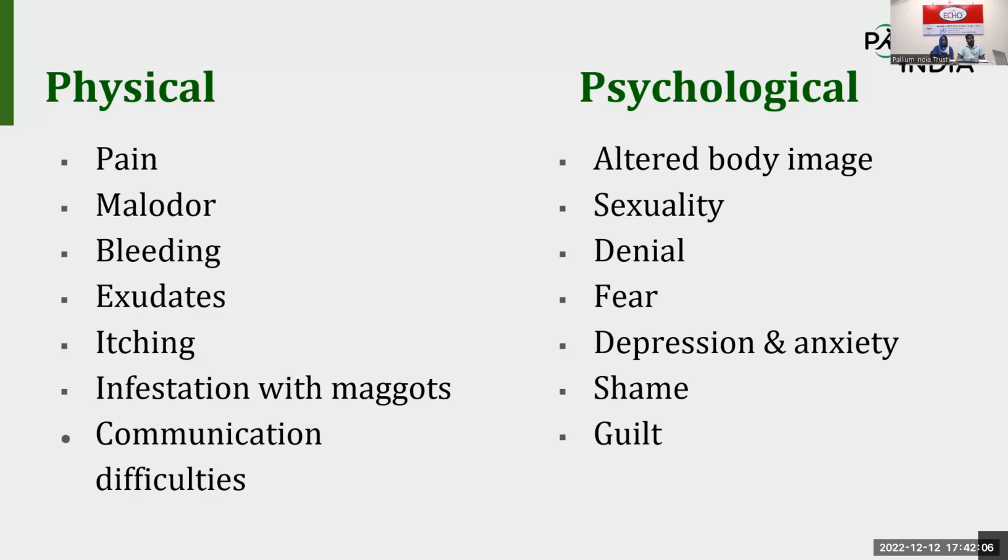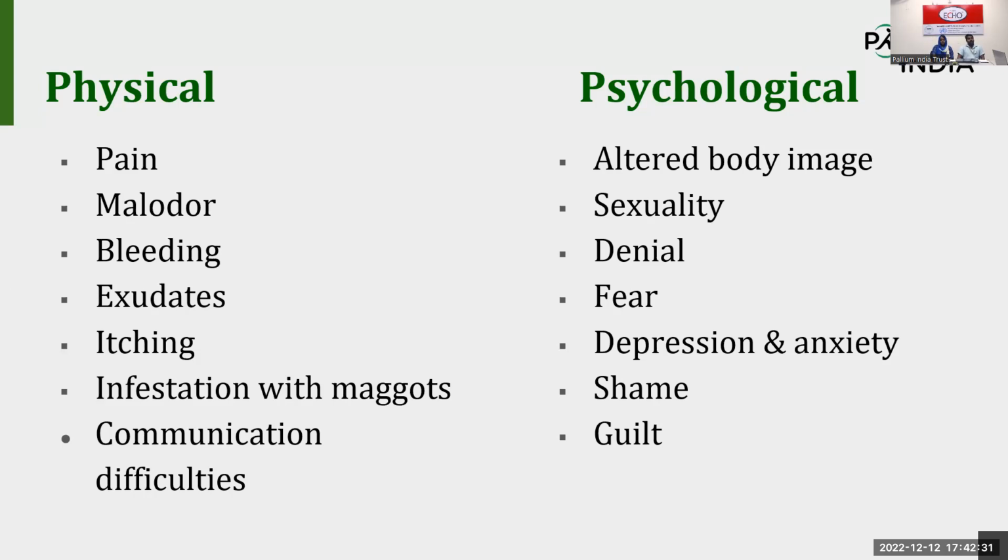Then profuse exudate will happen, or in between the patient will feel itching in that wound area. If proper covering or proper dressing is not done for that patient, and flies lie on that wound, it will cause maggots.